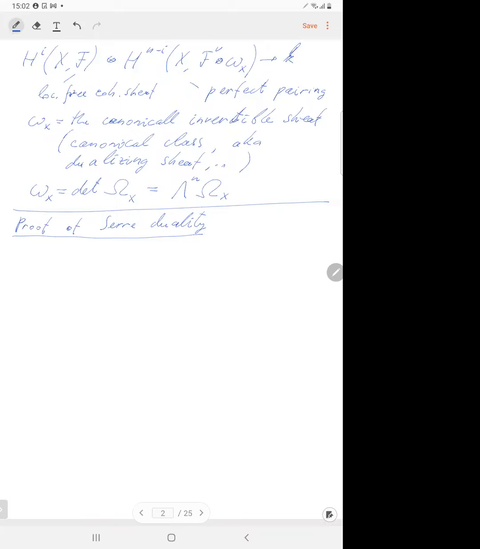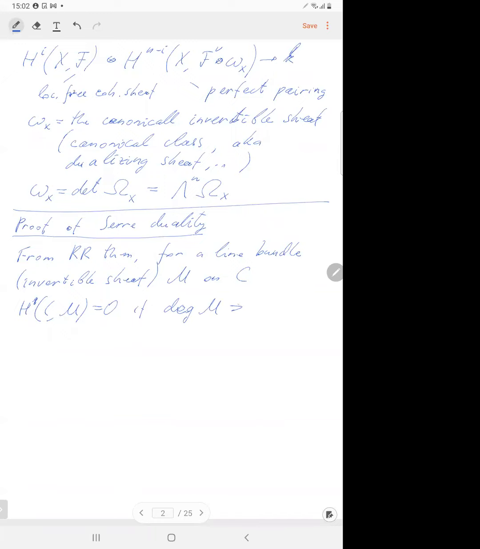From your home assignment or from the Riemann-Roch theorem, we know that for a line bundle, an invertible sheaf M on our curve C, the first cohomology will vanish if the degree of M is sufficiently positive.